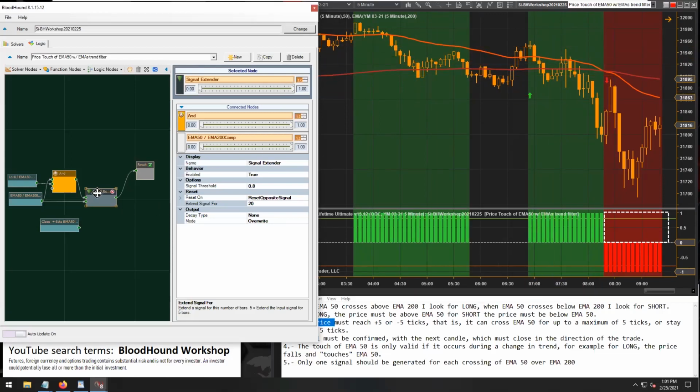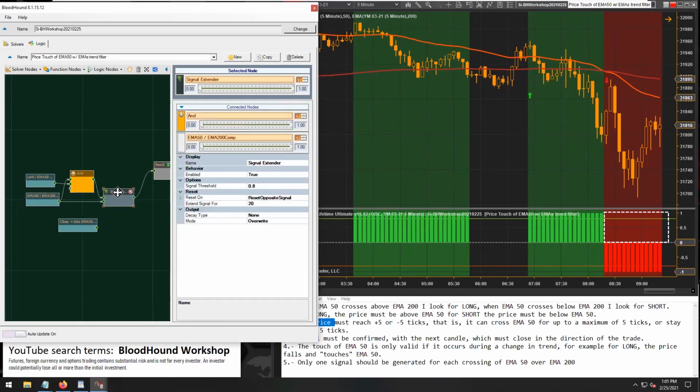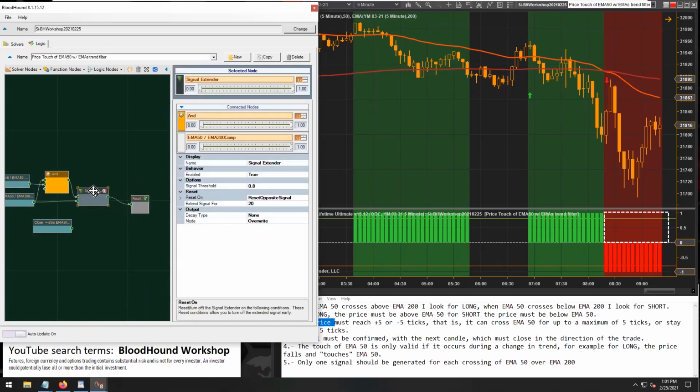So with the signal extender, I can use the resets here, and I can use our comparison solver of the 50 to the 200 to turn off the signal extender. That's what the resets are doing, they're turning off any kind of extending of a signal.